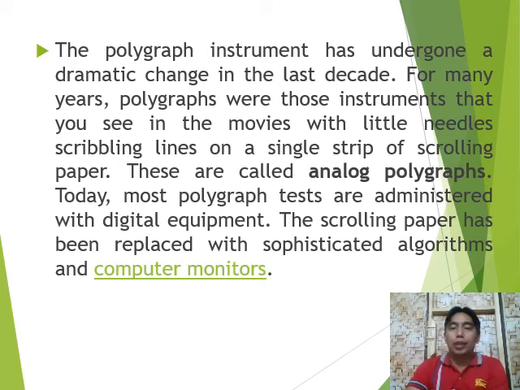These are called analog polygraphs. Today, most polygraph tests are administered with digital equipment. The scrolling paper has been replaced with sophisticated algorithms and computer monitors. So it is improving, and it's much easier for now. But the truth remains that it still does not directly tell us whether we are lying or not. That's still what we are trying to solve.